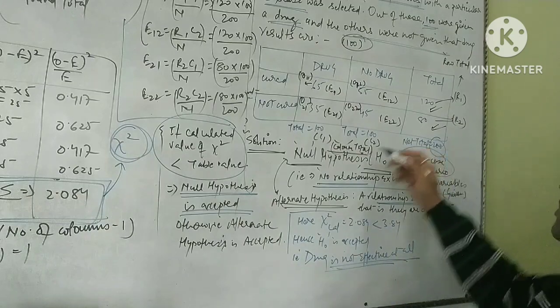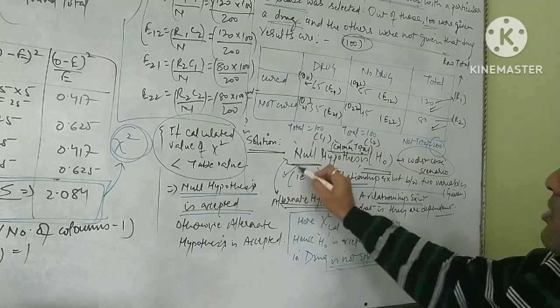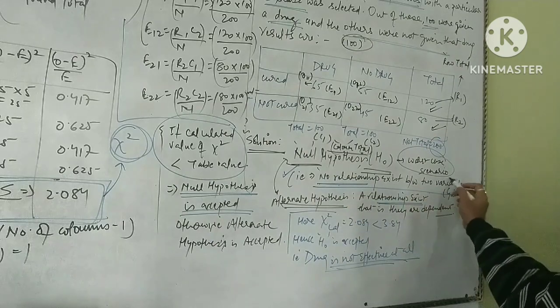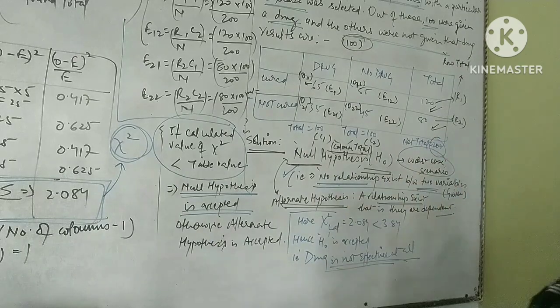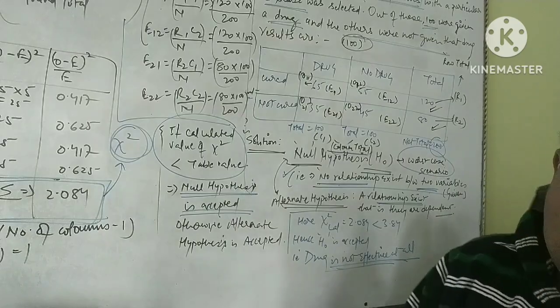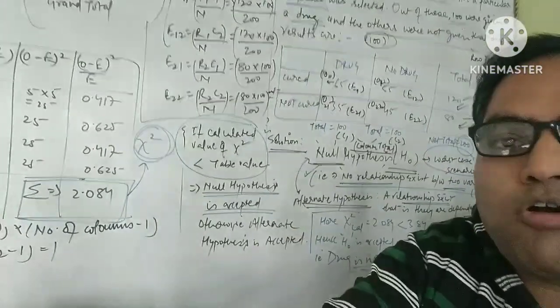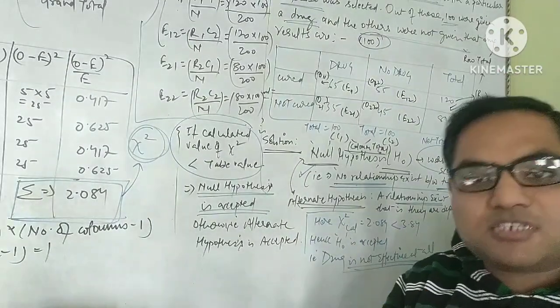I have already told you this is a worst case scenario, that no relationship exists between the two variables. The null hypothesis always depicts the worst case criteria.